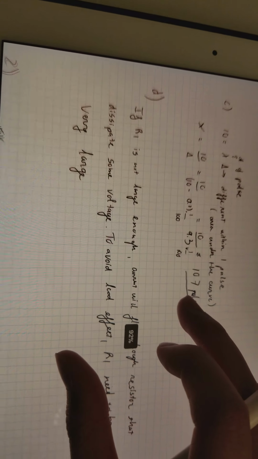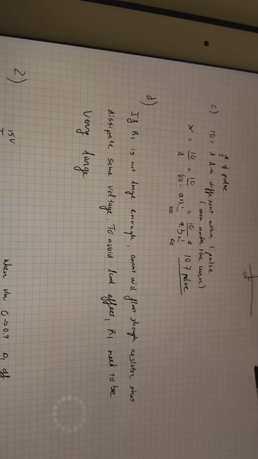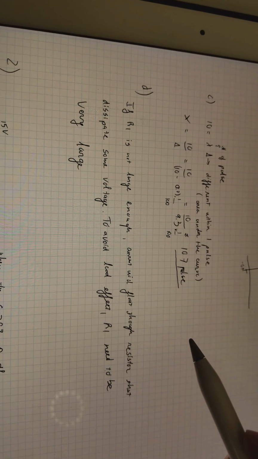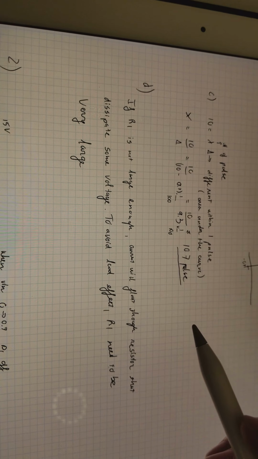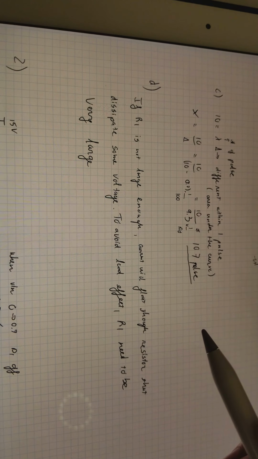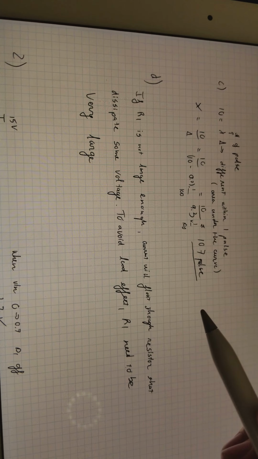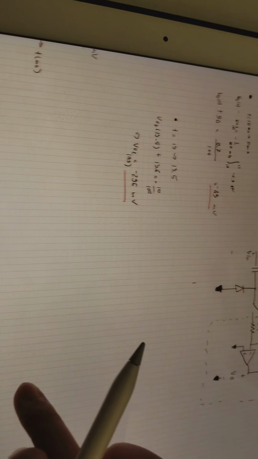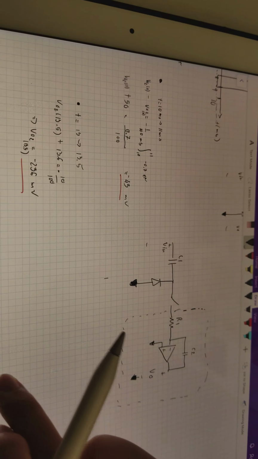For question D, the question is the effect of R1 on V01. The concept is the same as the peak detector in the lecture notes. If R1 is not large enough, let's go back to the circuit.